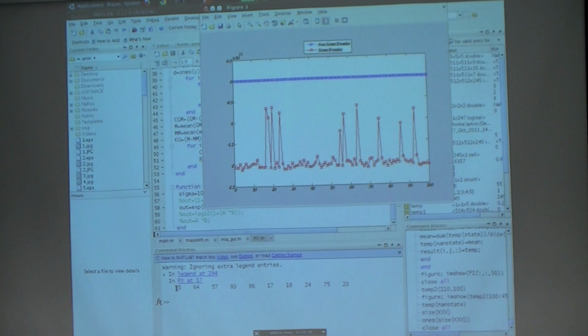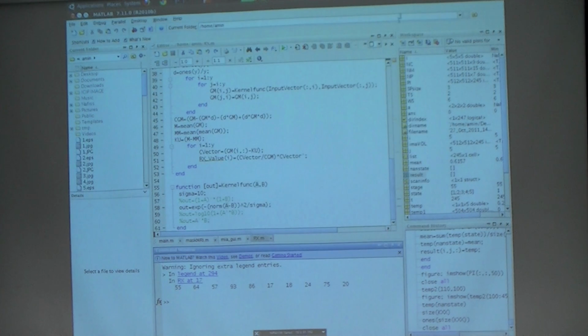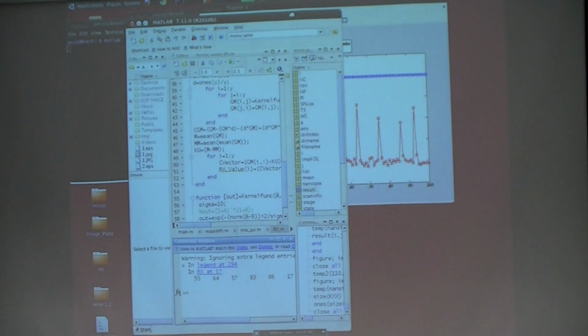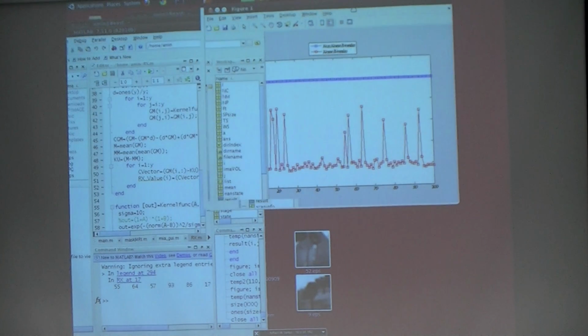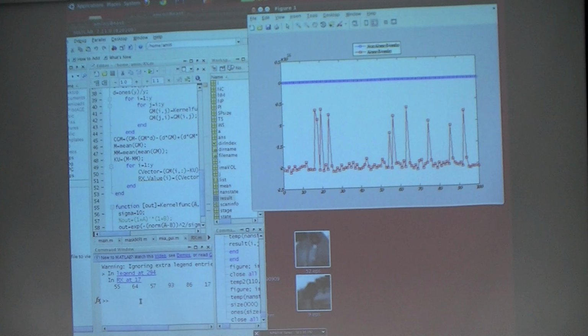You can see the point is 50. The points that I chose for the anomaly, for example here the first one is 55, and you can see the value of 55 is bigger than the others.